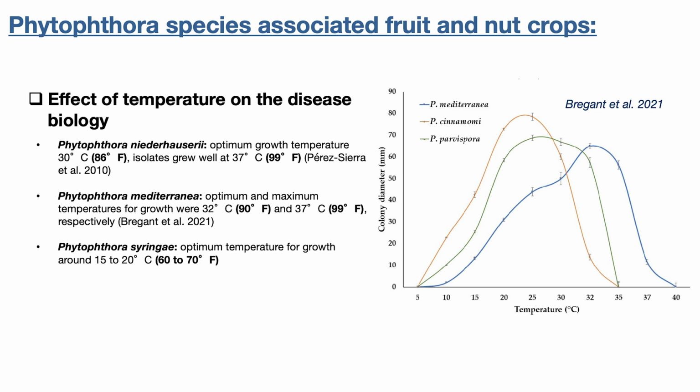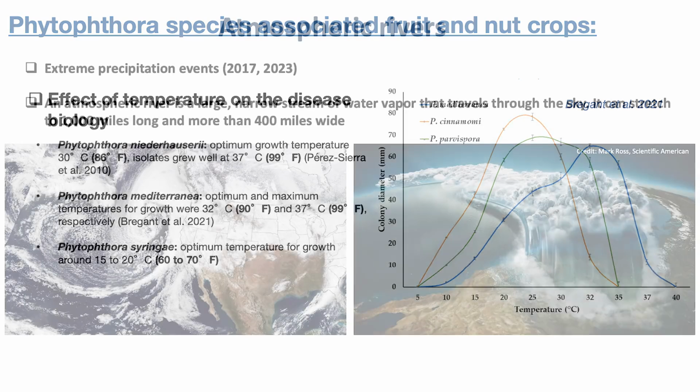On the other hand, Phytophthora syringae, which is more responsible for aerial Phytophthora, is a species that does not like warm temperatures. It does okay around 60 to 70 Fahrenheit, but above that the pathogen will die. So it's very important, in trying to put a diagnosis together for your orchard, to eventually get a species name.